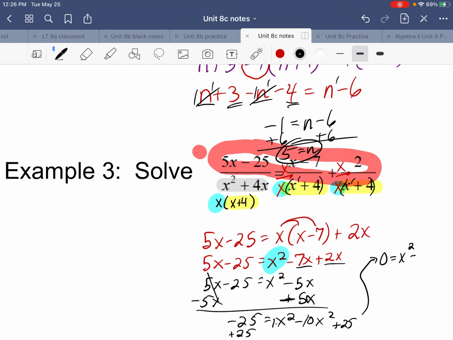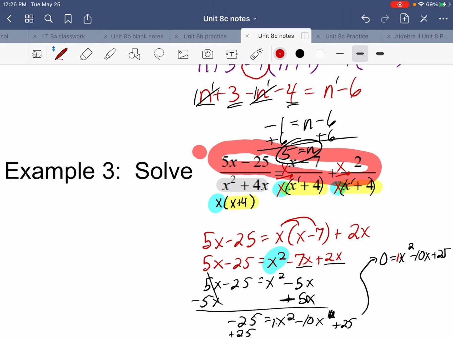So x squared minus 10x plus 25 equals 0. You can either use the quadratic formula here, so your a is 1, your b is negative 10, and your c is 25. I think we can see a pretty easy way to factor, so I'm going to choose factoring.